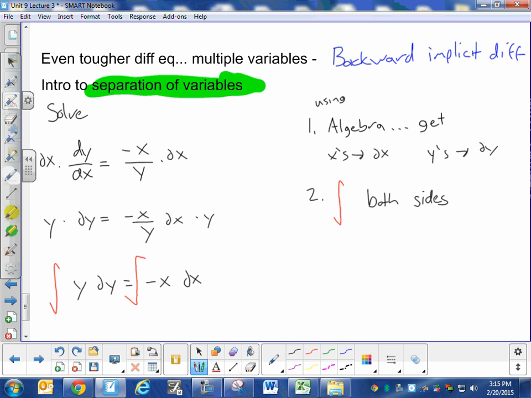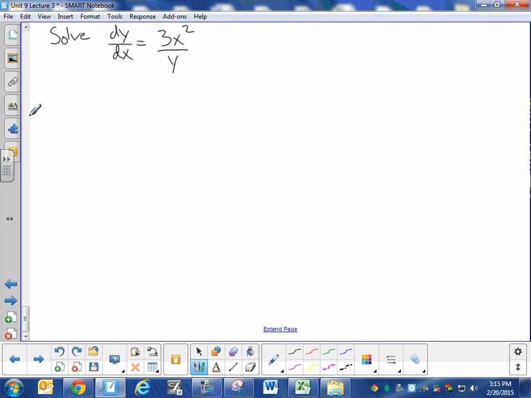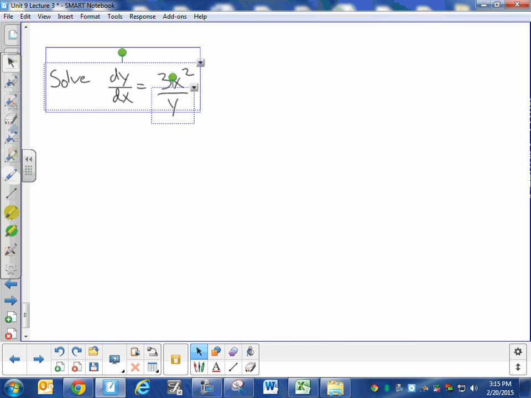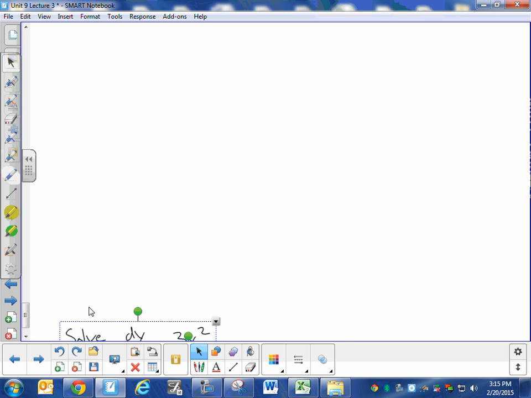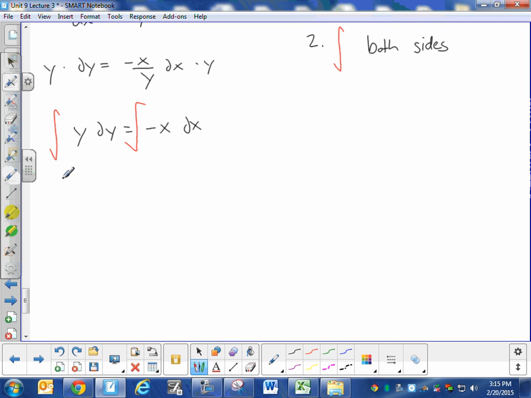What's the antiderivative of y with respect to y? Anybody? Yes, just 1/2 y squared. It's just like taking the antiderivative of x with respect to x. This would be 1/2 y squared plus a C, right? And over on the right side, we just have negative 1/2 x squared plus a C.